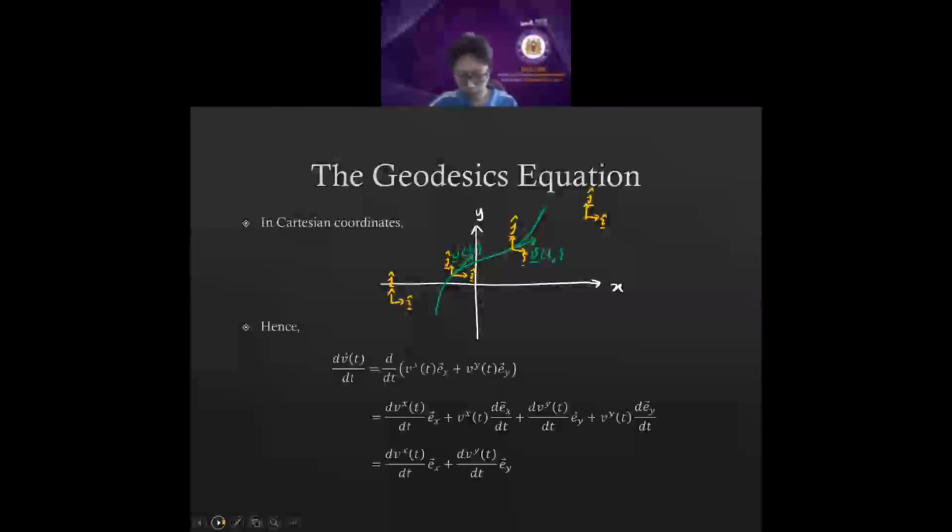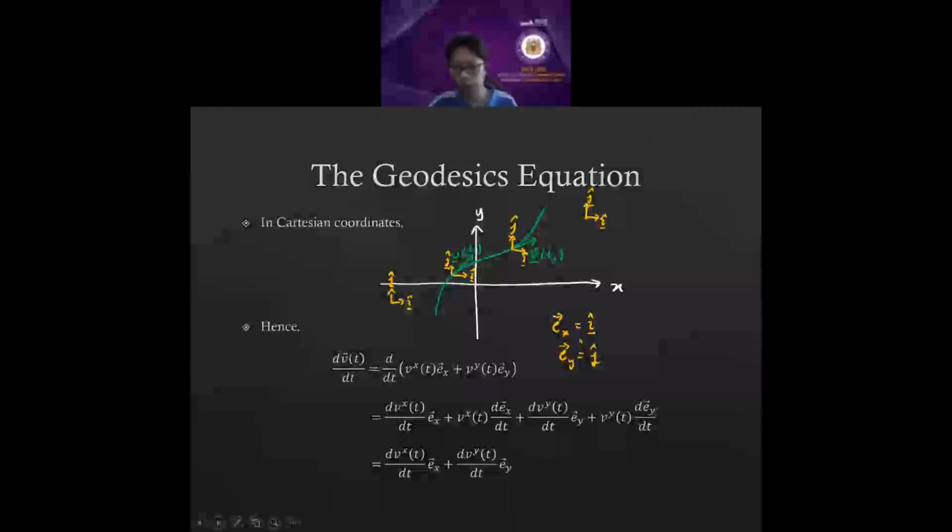And hence, if we take the derivative of the tangent vector v, where we first write it in the component form, here I'm using Ex, where this Ex corresponds to our I hat, and Ey corresponds to our J hat.